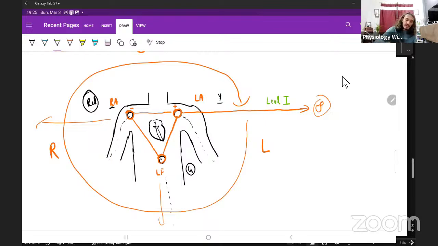In a similar way, we have your right arm and your left foot. If you connect them, again, this will be positive, this will be negative. That is going to be your lead 2.